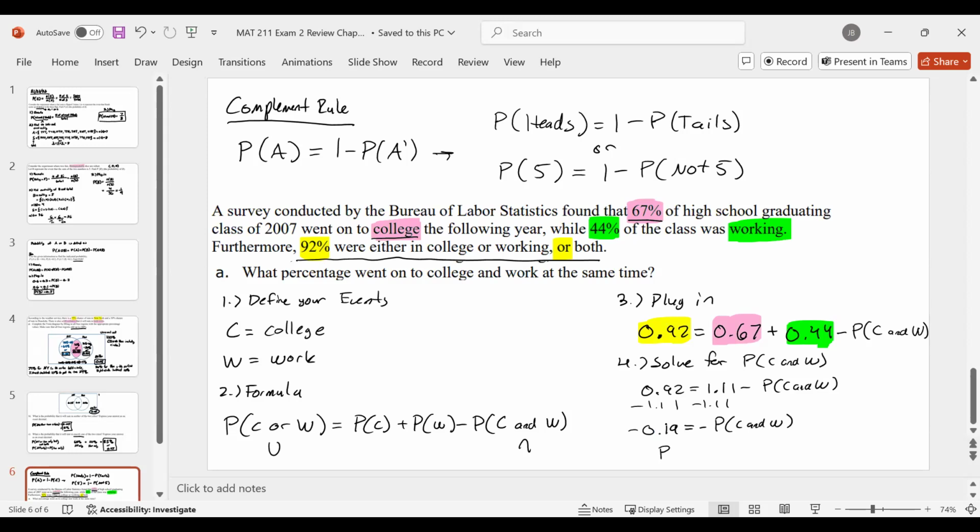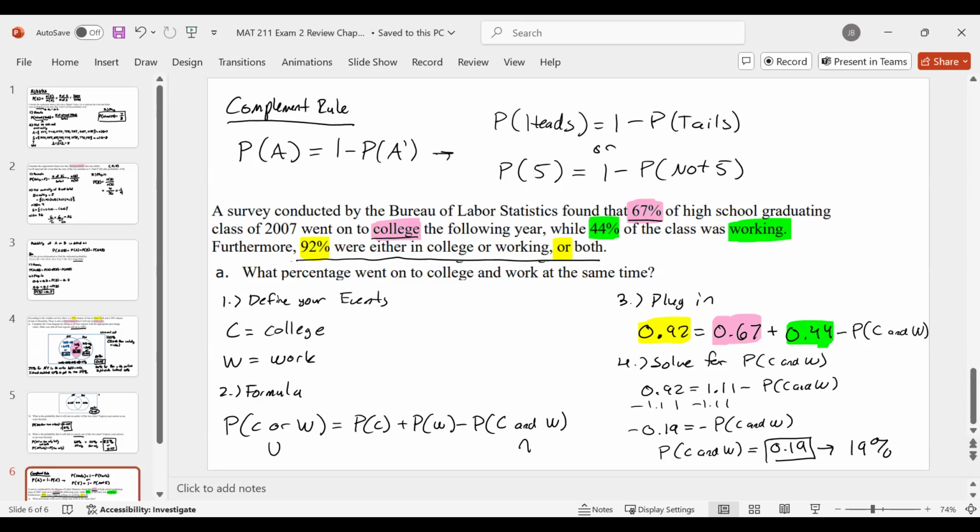So the probability of C and W, college and work, is 0.19. Remember, all probabilities need to be positive and between 0 and 1. So if you got a final answer that was negative, it's automatically wrong. And if you get an answer that's bigger than 100%, it's automatically wrong, because we don't define probability as bigger than 100%, or 1.